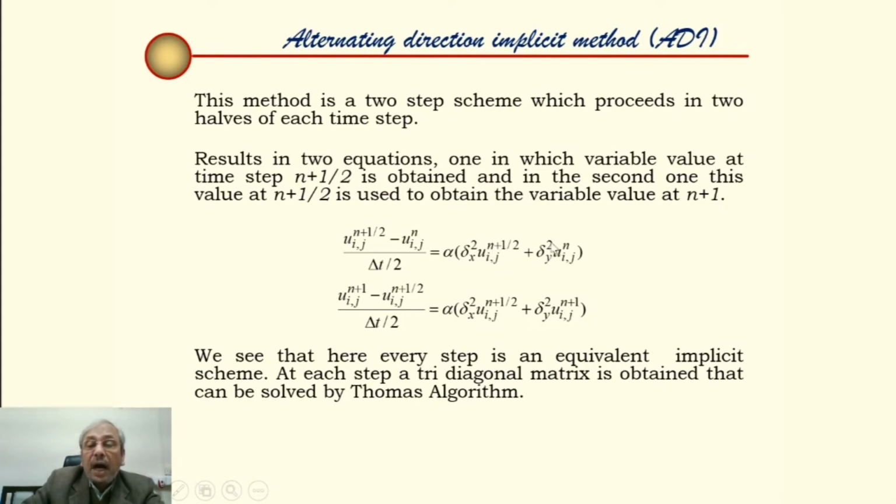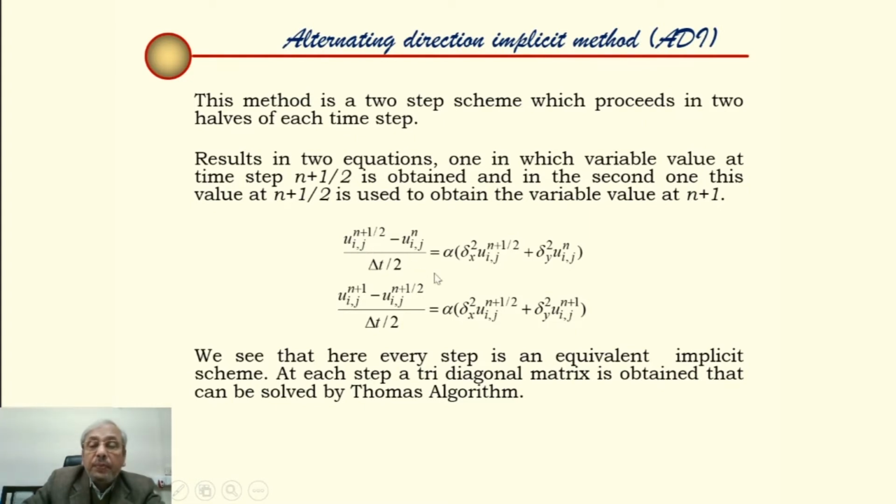Whereas in the other direction, it is operated at nth level. This is also a central differencing operator, in y direction, but it applies on the dependent variable at the known time level. This is the way we proceed up to n plus half.